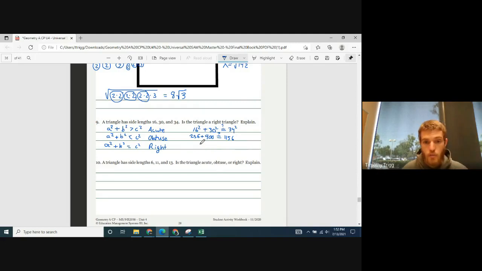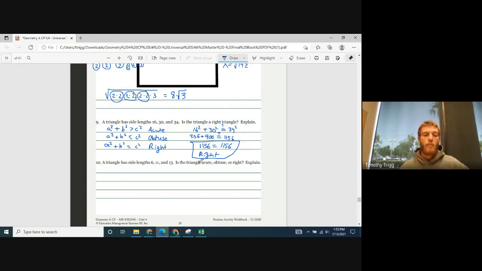And they do. So that means that this side does equal. So this is equal here. So that means that this is a right triangle. So is this triangle a right triangle? Yes, it is.